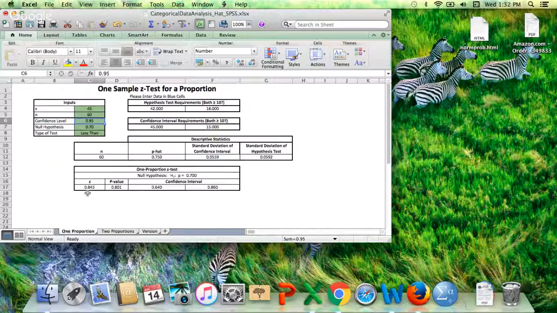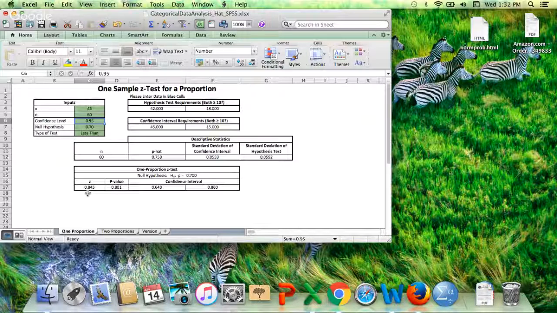1 minus 0.7 equals 0.3, times 0.7 is 0.21.